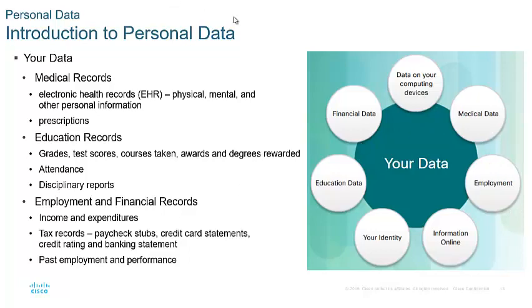Looking at this diagram, your personal data consists of your financial data, your data in your computing devices, your medical data, your employment data, your information online, your identity, and your education data.